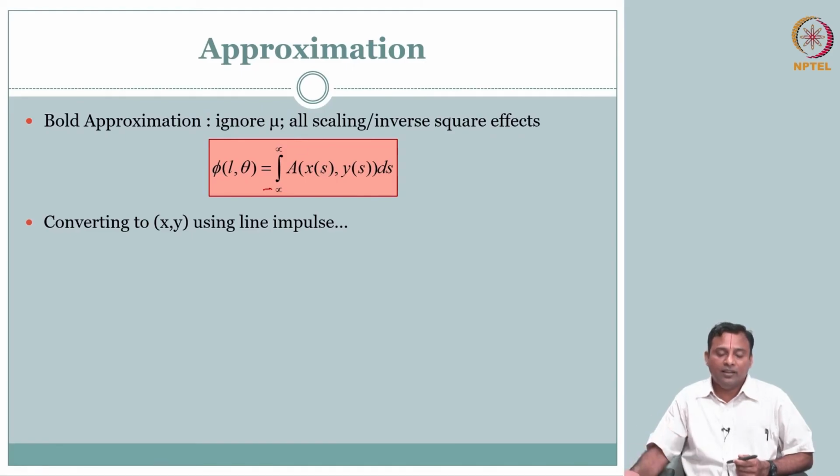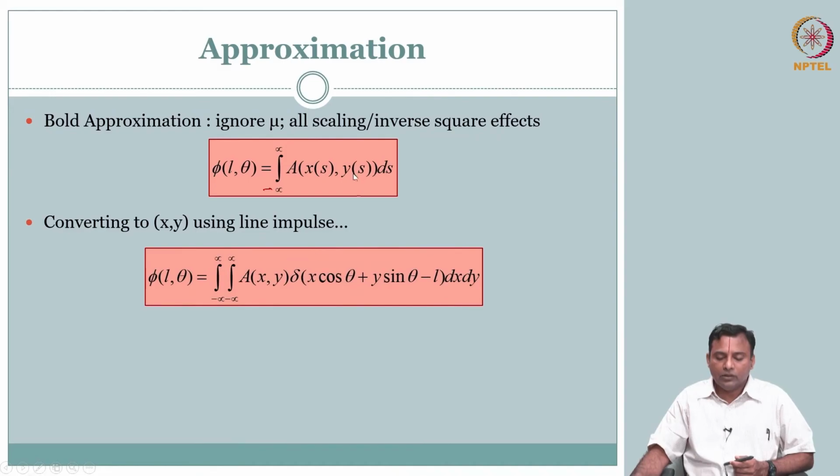Now we have the Radon projection. I have a collection of phi of L comma theta, and I need to get my a of x comma y. So how do I get my a of x comma y? First, we can convert this to our x comma y using line samples. You have it in S, in that plane, and you want it in terms of x comma y, so you can use line impulse.